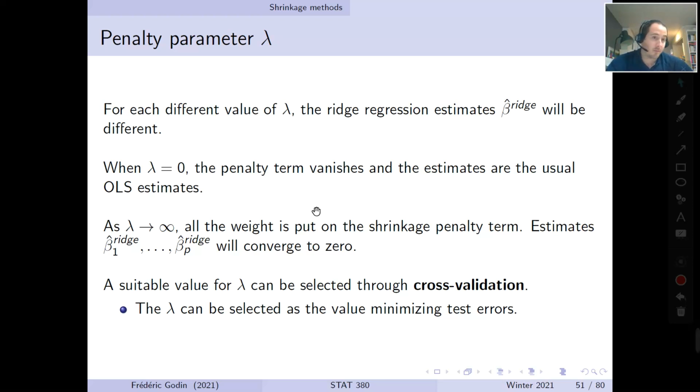So in practice, how do we choose lambda? The purpose is to find the suitable trade-off between bias and variance of predictions. One way to do this, which is the most typical way, is through out of sample performance assessment, for example cross validation. You train your model on the training set for various values of lambda.